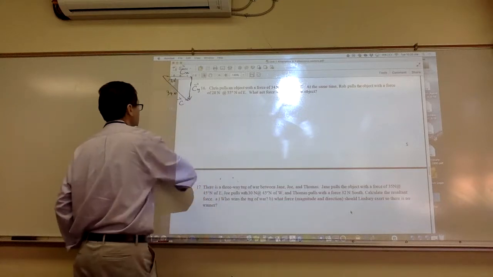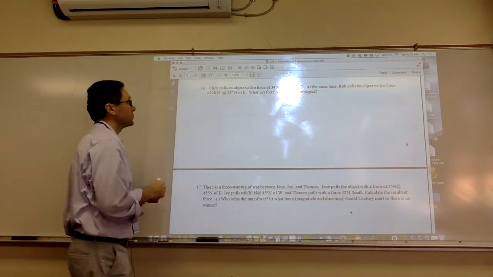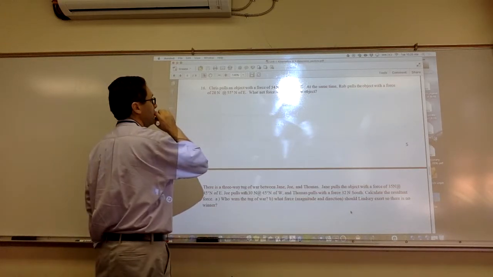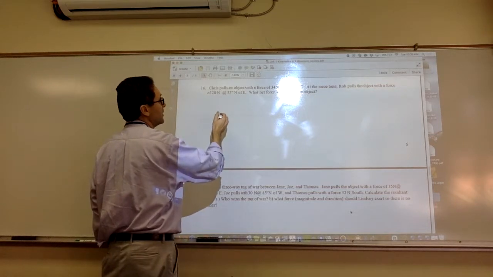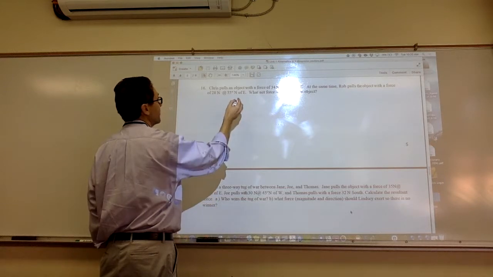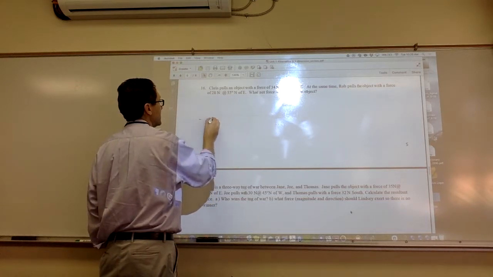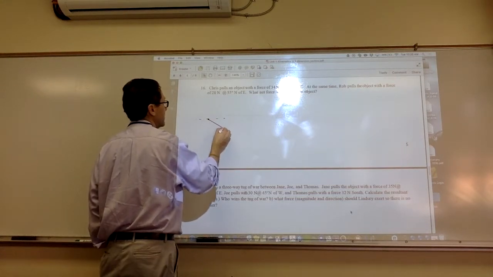I'm going to try to do the same one, but this time using law of cosines. I'll start with Chris. So Chris is going south of east, and that's 20 degrees.